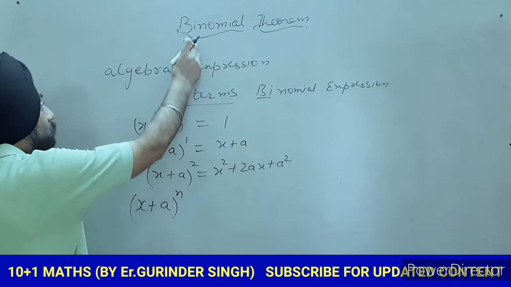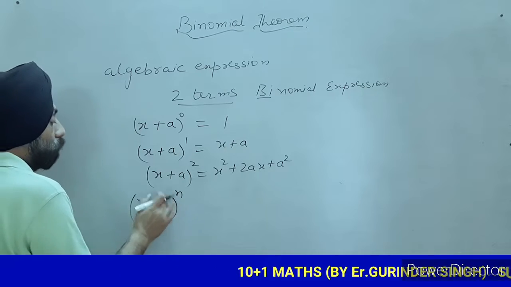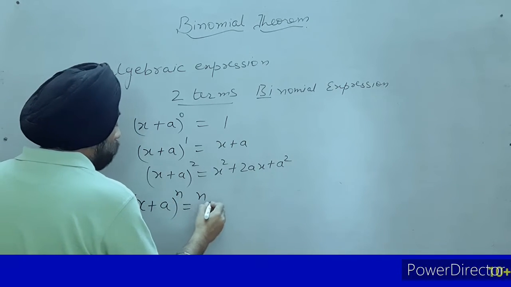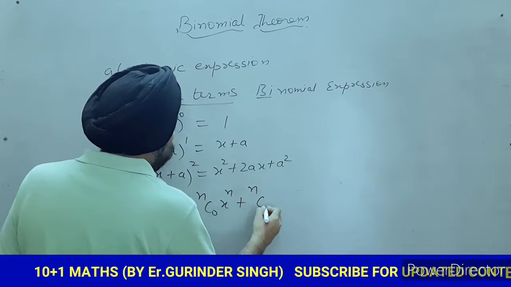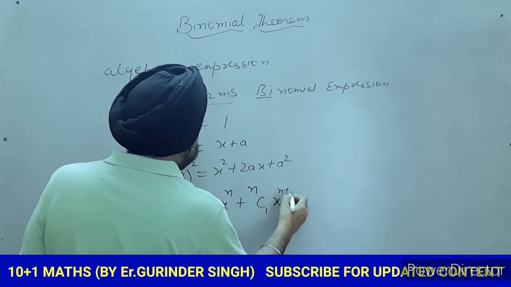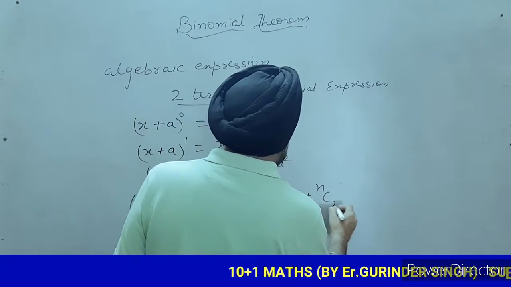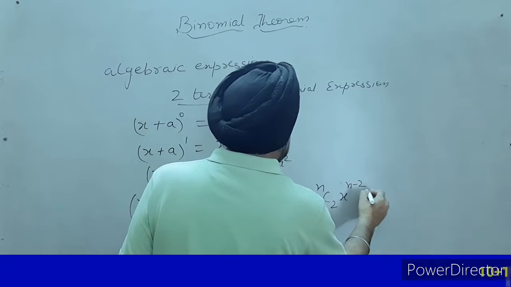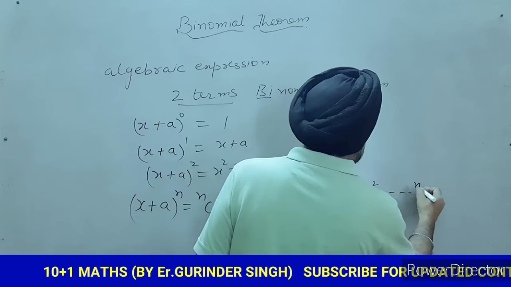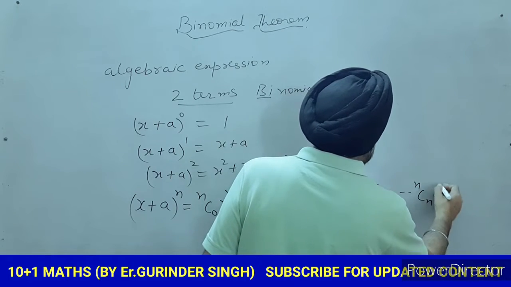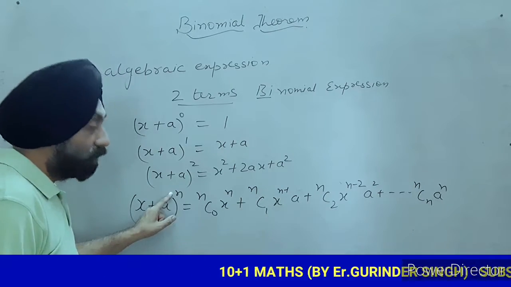So by using this binomial theorem, we can expand x plus a raised to power n like this: nc0 xn plus nc1 xn minus 1 into a, then plus nc2 xn minus 2 a square, and so on till you reach ncn a raised to power n. This is how we expand x plus a raised to power n.